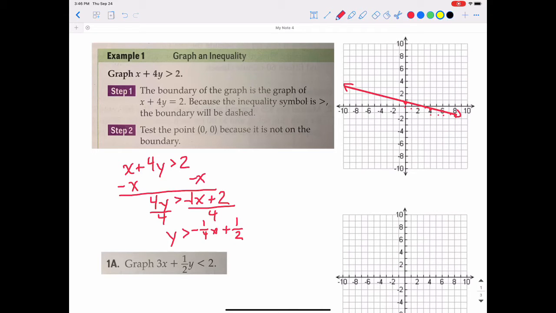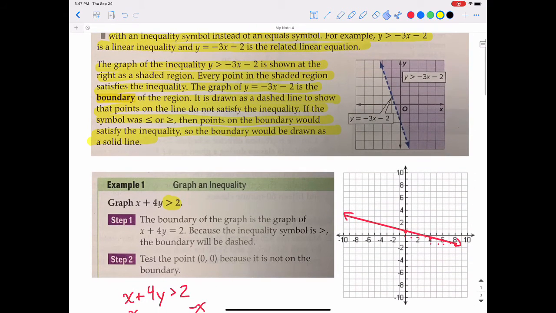Okay, now what type of straight line should we really connect that with? Because notice that back here in the original problem it was just a less than or greater than symbol. It was not equal to. So here at the top, it talked about using a dashed line.